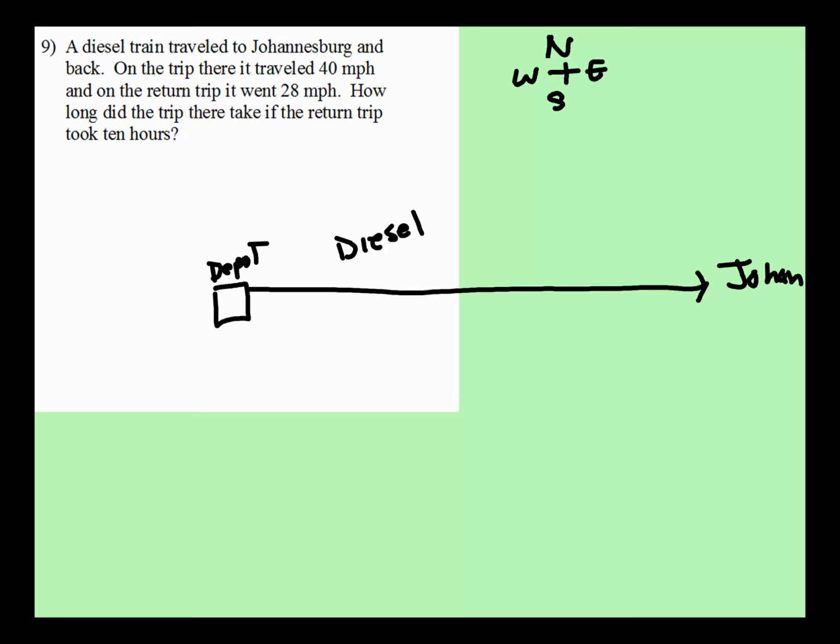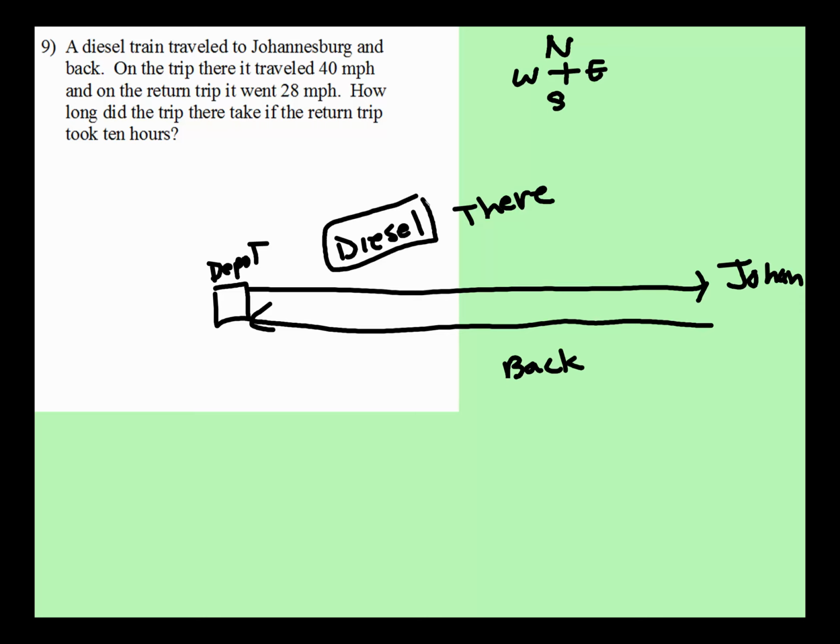and then it returned. So this is the trip there, and this is the trip back. We're talking about a diesel train. On the trip there, so remember when we're talking about distance problems, here's the distance formula. Distance is equal to the rate, also think about speed, times time.